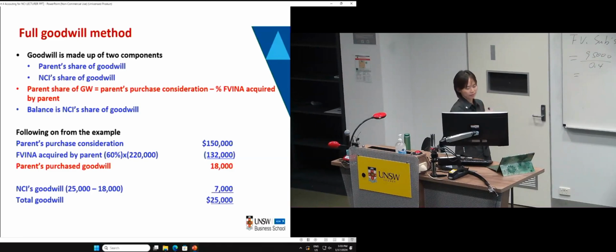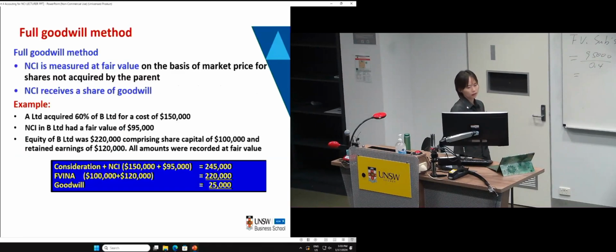Think about that. The fair value of NCI is equal to 95,000. That represents 40% of the subsidiary's shares. Because the parent acquired 60%, the remaining 40% of subsidiary shares, that is NCI, right? And has a fair value of 95,000.